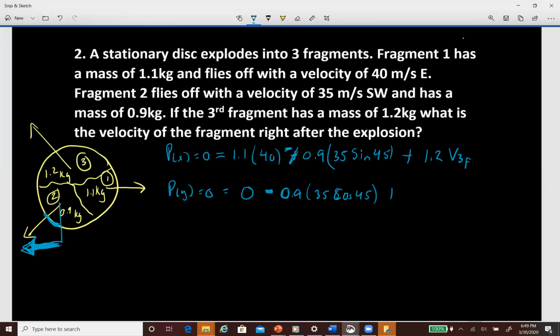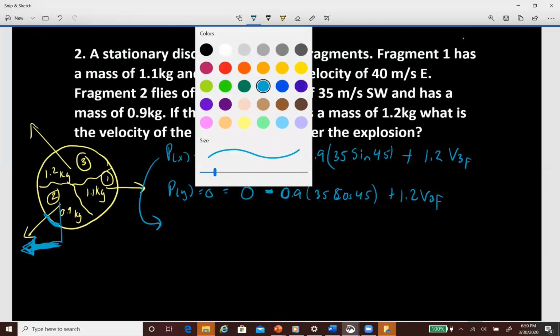Then fragment 3 is again its mass times its velocity in that y direction. Now we can solve for each one. So let's solve for the x component.